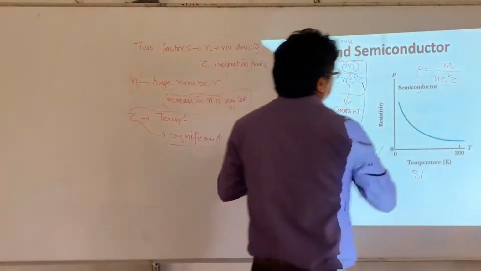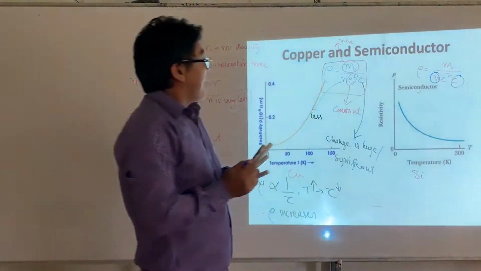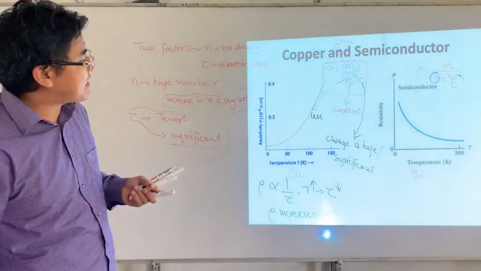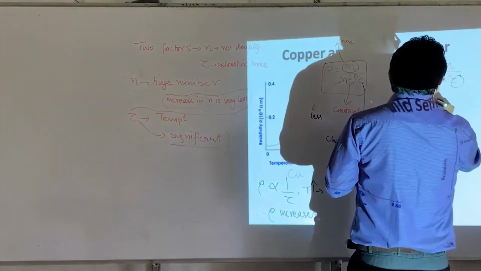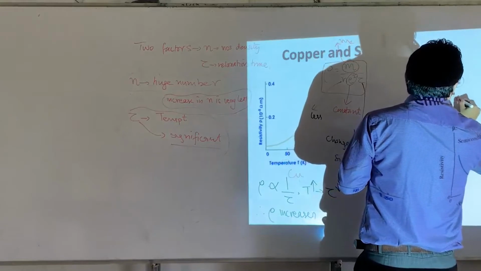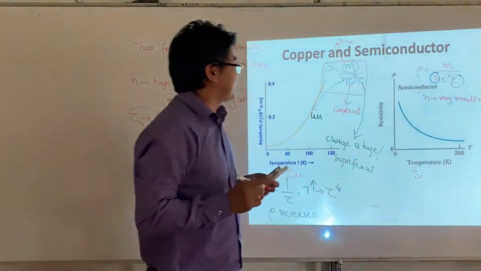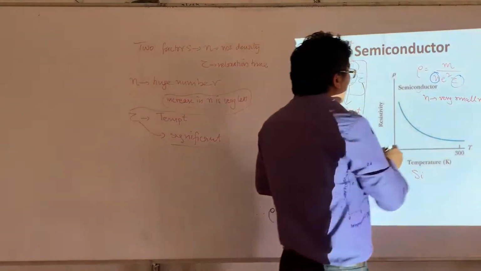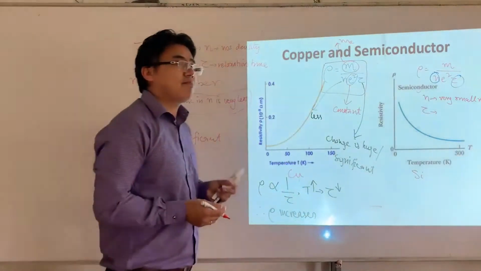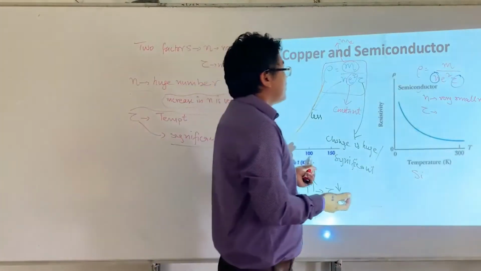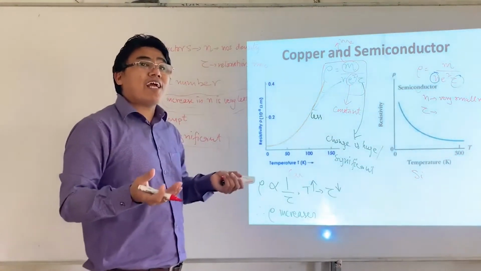As far as the semiconductor is concerned, n is very little initially, a very small number, and the details you will study in chapter 14. The relaxation time, the time between collisions, is such that there are hardly any collisions taking place, because there are no free electrons available.